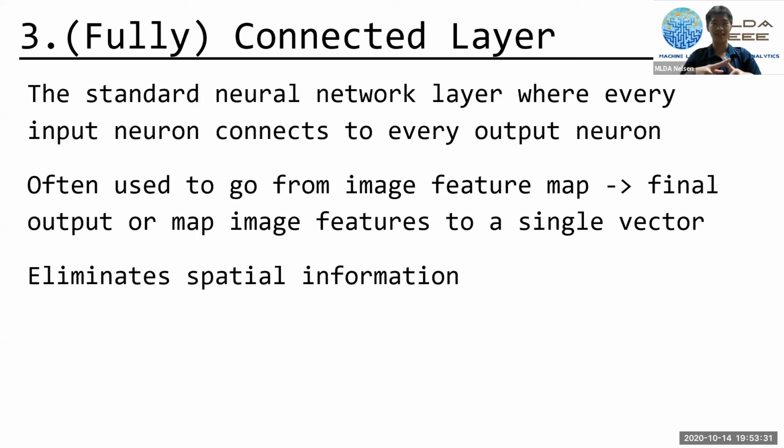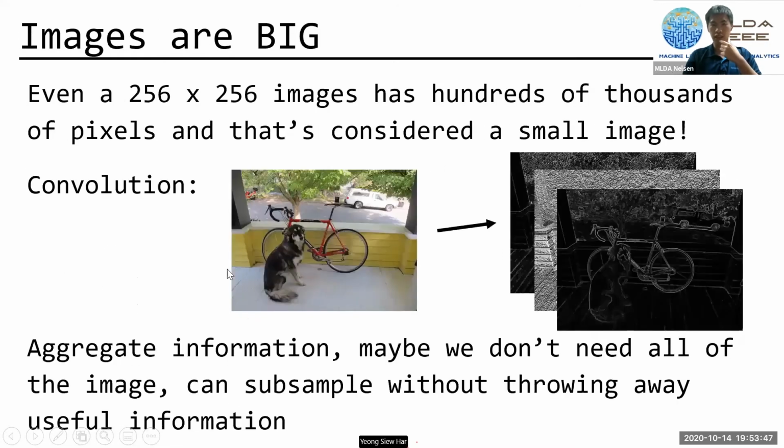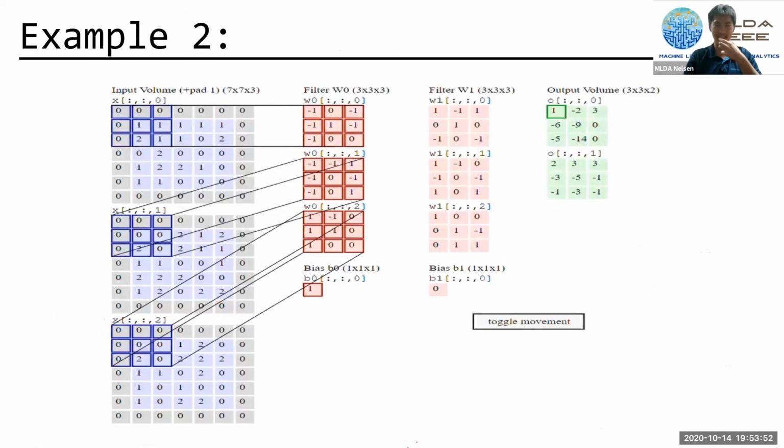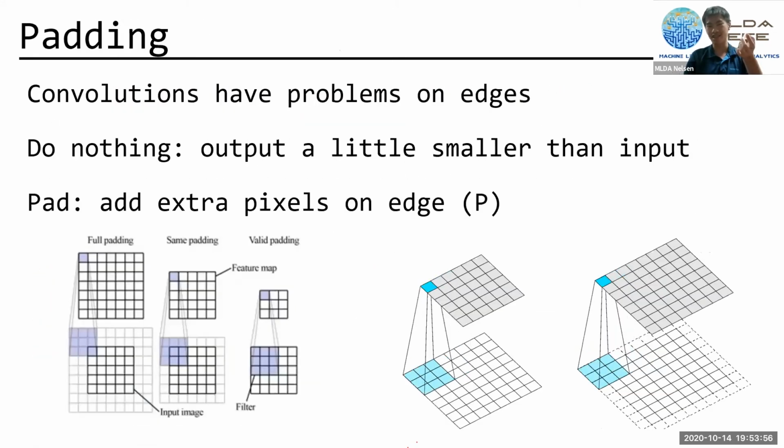Okay, no question. All right, yes. The difference between pooling and padding. Okay. With padding, you try to add some pixels on the edge in such a way that you can manipulate the output size.